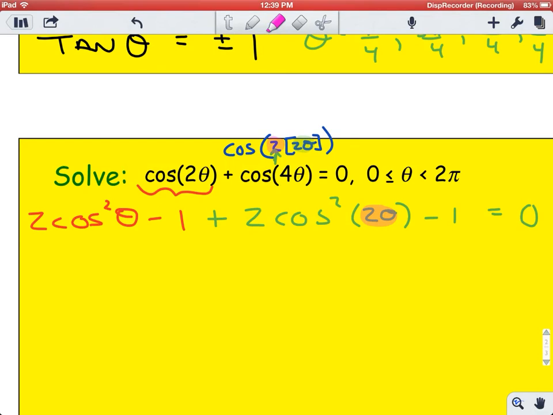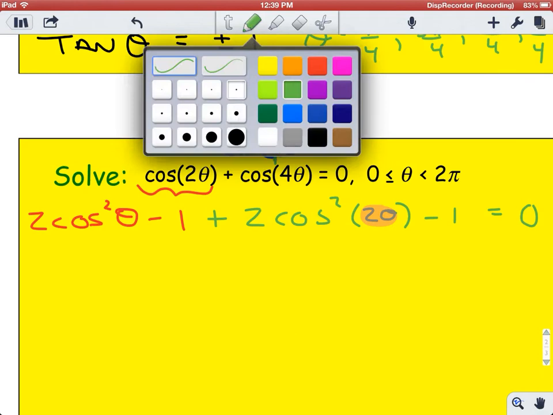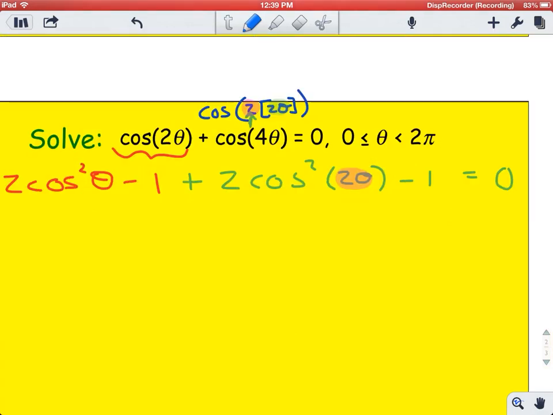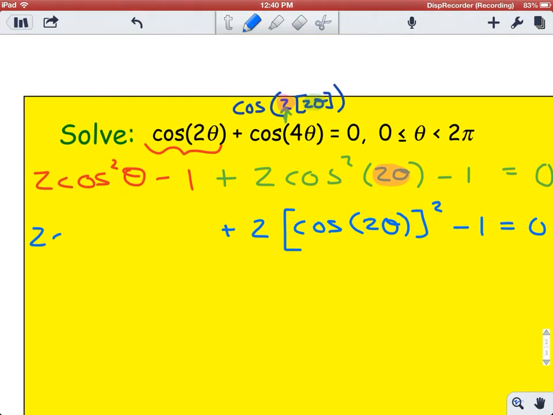All right, so let's take this a step further. We've got a lot of work to do here. And so let's rewrite what I have here in green as the quantity squared, because that's actually what squared trig functions are. So I'm going to do that first. I'll just recopy this here.